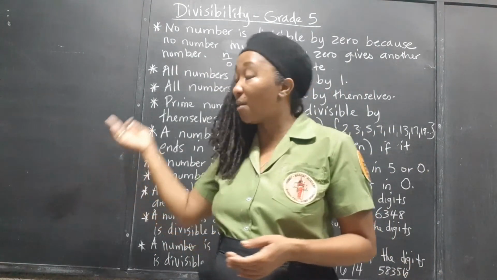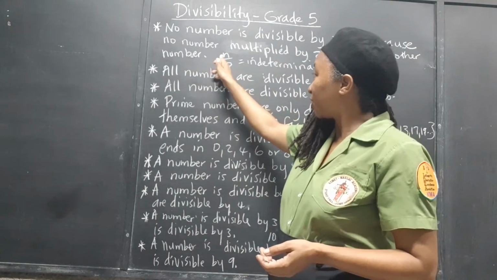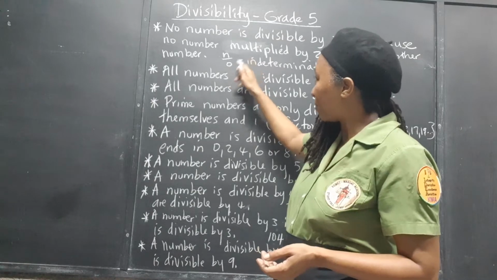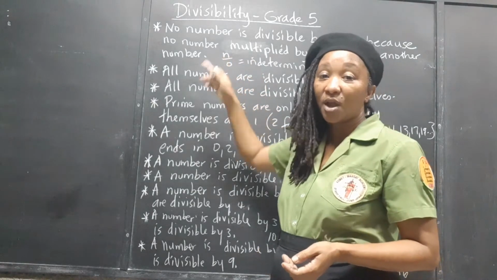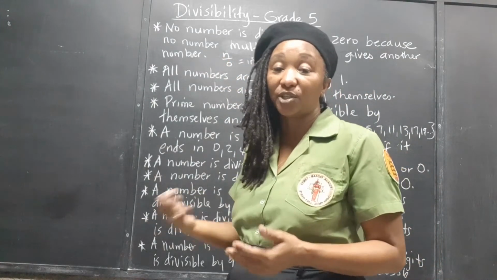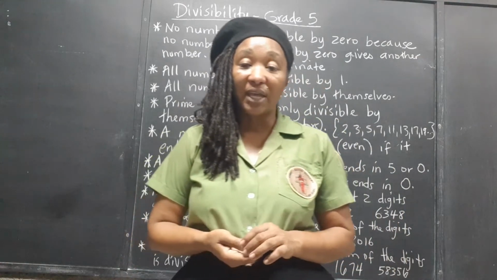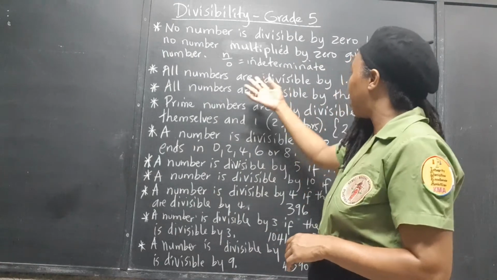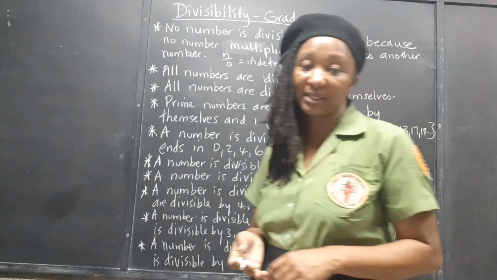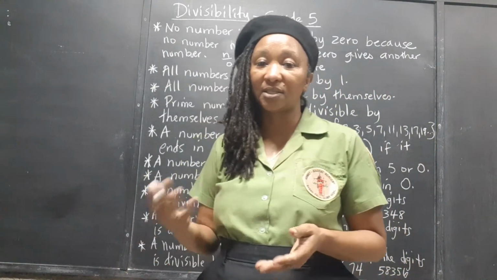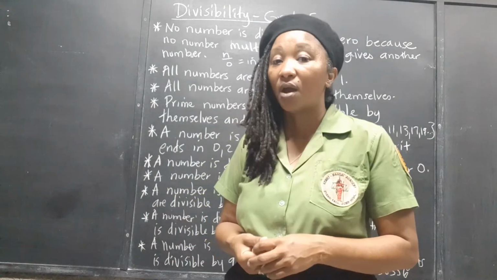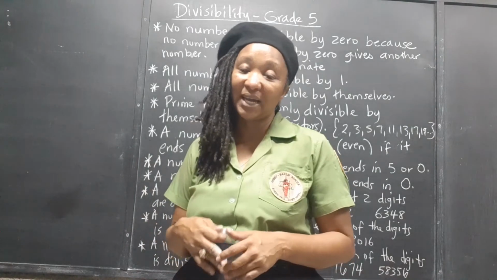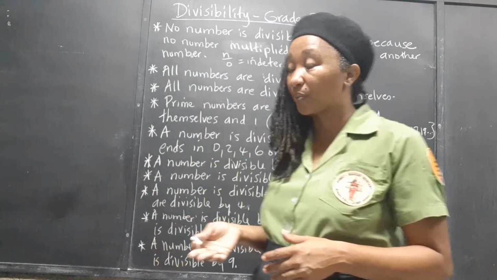So there's no number which, when you divide it by 0 and get a result, you're able to multiply 0 by that result and get back the number. So for the 0, we say division by 0 is indeterminate. We just can't do it. It's not logical to do. Alright? But we can divide 0 by a number and that answer will be 0.